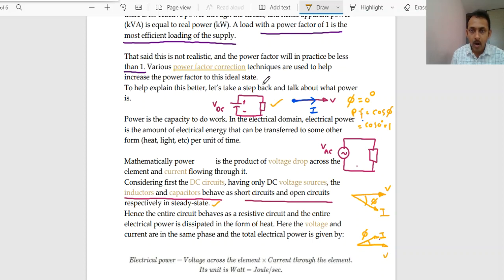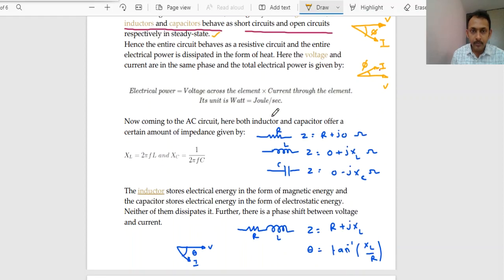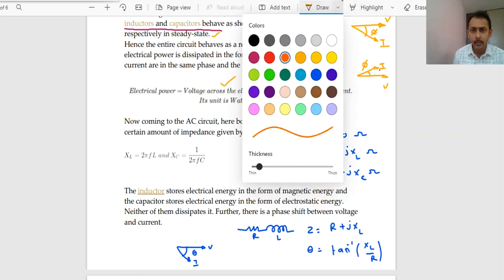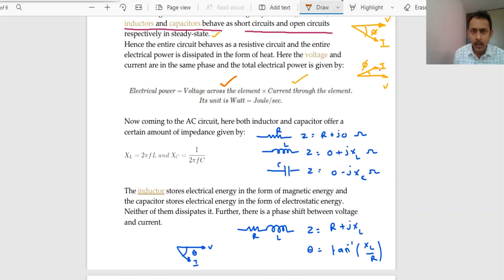Now dear students, electric power, we know, is simply given by the voltage across the element times the current through the element. The units are watts, that is joules per second, right?